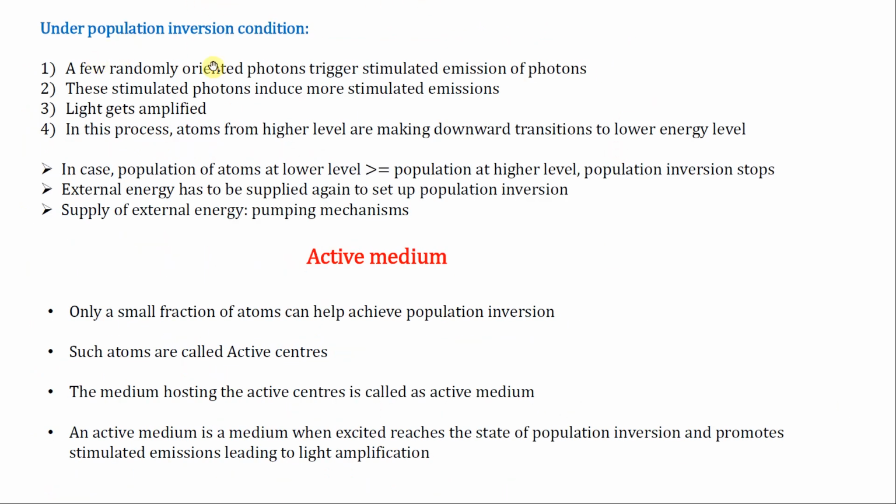Once you get population inversion, a few random photons can trigger the stimulated emission we discussed earlier. These stimulated photons can trigger or induce more stimulated emissions, and at the end the light will get amplified.